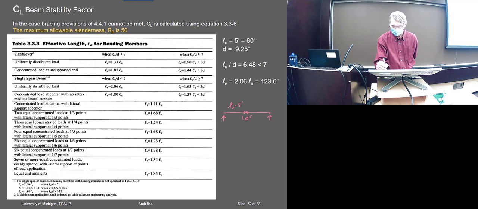So there's my LU, that half span where it's braced. And okay, so that's 60 inches. D for the 2x10 is 9.25, so I can take my LU over D, and that comes out to be 6.4, which is less than 7.